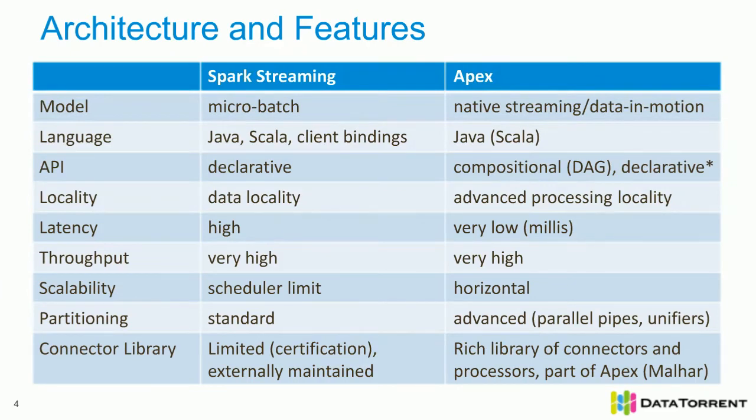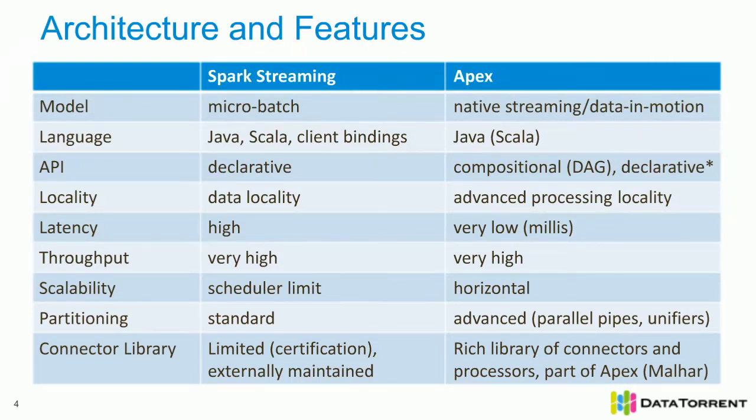Apex has a slightly different approach. The underlying API is compositional, and it's that of a directed acyclic graph. You basically can compose any application logic with that DAG model, which is a lower level API. So the developer deals with operators and streams and connects the operators with streams.